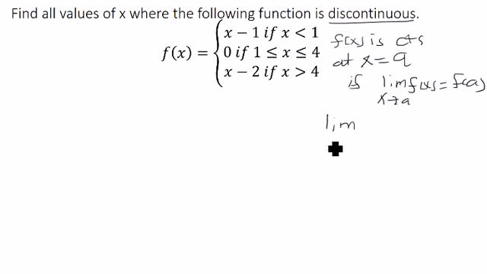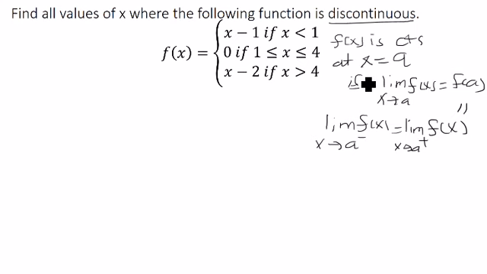So the limit as x goes to a minus of f of x equals the limit as x goes to a plus of f of x, and that has to be equal to f of a. So these are the 3 things that have to be equal to each other for this function to be continuous. So we're basically checking the continuity at these boundaries, because the rest of the things are not problems here.